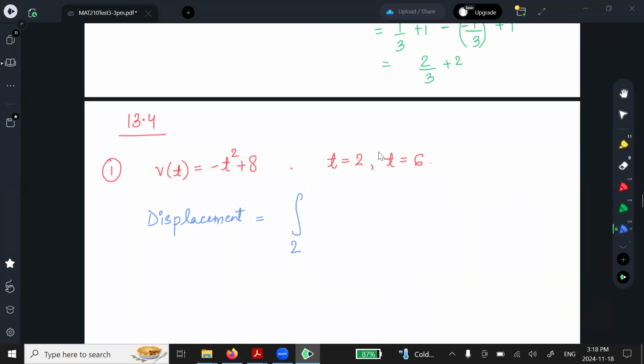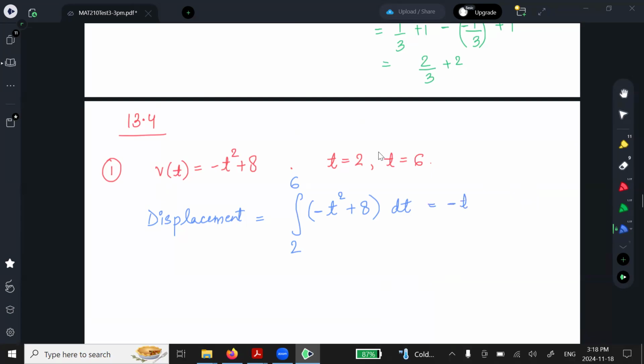Clearly, that's the limit, right? And I have to integrate. The variable here is t. Can everybody do this? What is the integral?